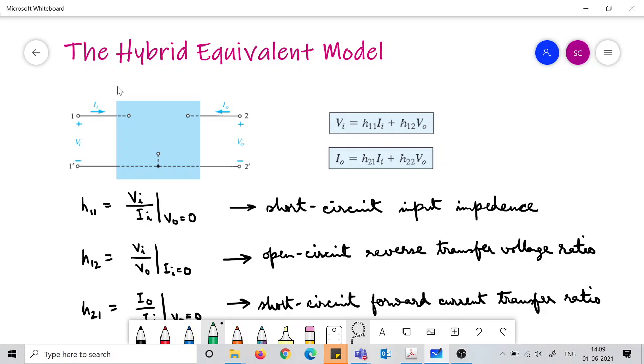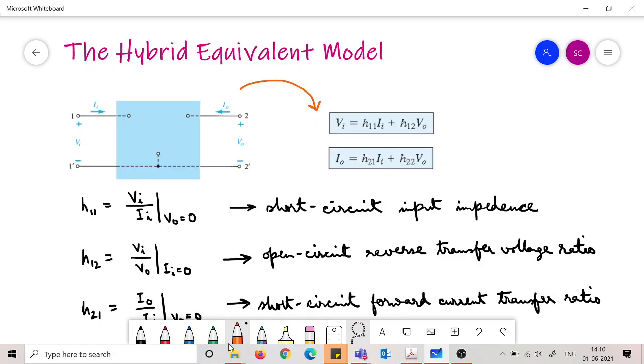Now what we do, we employ very general equations of 2-port systems to find out what is called the hybrid equivalent model of the BJT. These equations that you see are very typical and general equations of 2-port systems. What do I mean by that?